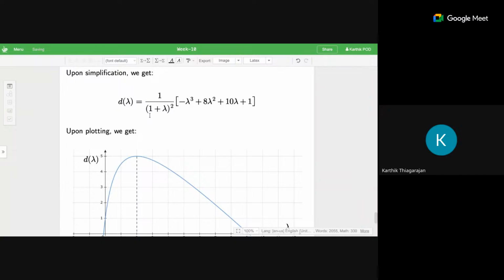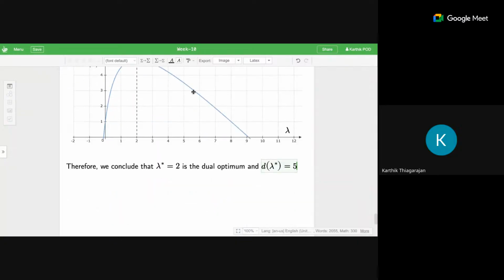Can someone do that for me, please? If you plug in lambda star equal to 2, what do you get? 5. So d of lambda star we get to be 5.